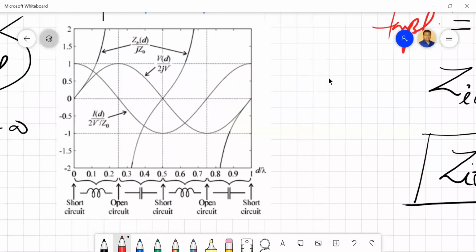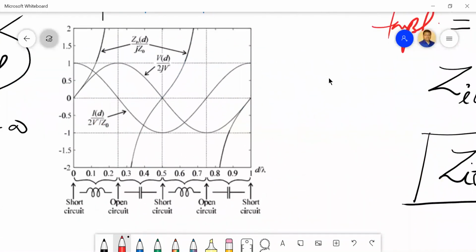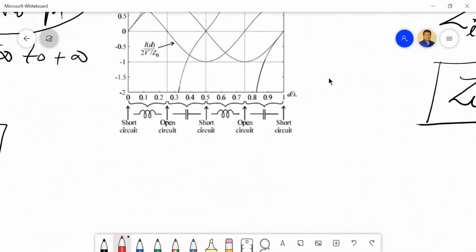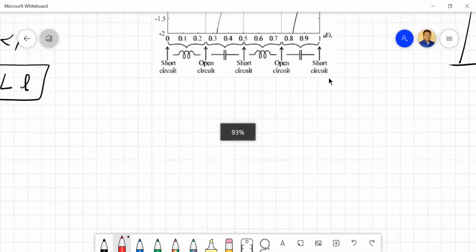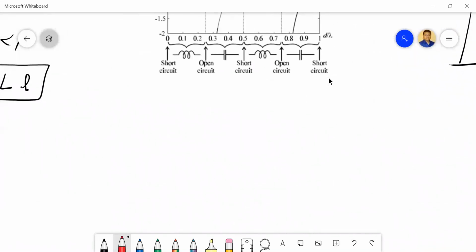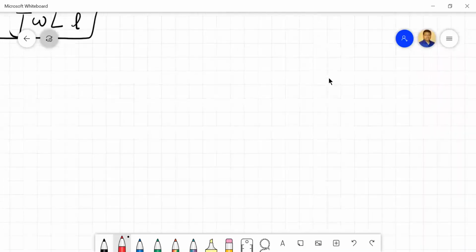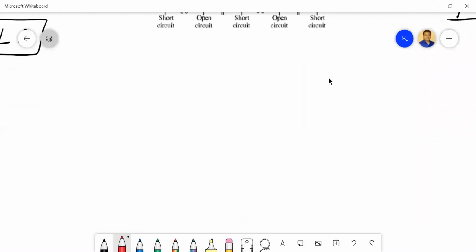If you see this curve, we mentioned how the inductance and capacitance vary, and these are the tan(βL) curve. With this we learned how we can realize a capacitor and inductor from a segment of transmission line, and it is very important when we have a problem to design a microwave circuit, how you will find these things.